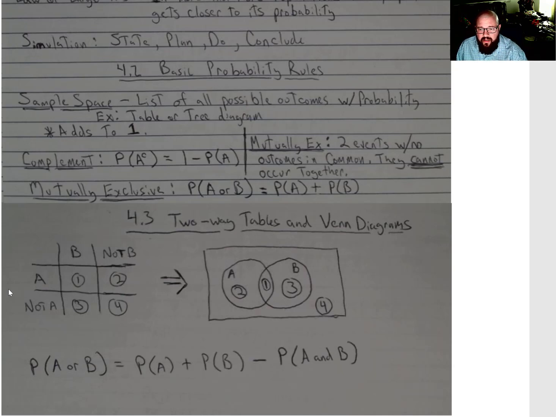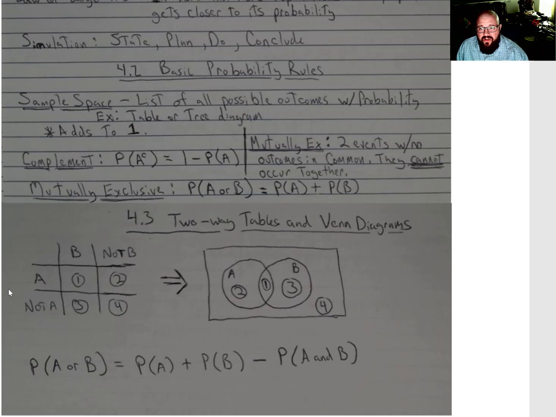And then as far as your OR statement, as I was mentioning, there's one extra step you've got to put in there. So if you just have a regular probability of A or B, then you would simply take the probability of A plus the probability of B and subtract the probability of A and B, so that you're not counting it twice.